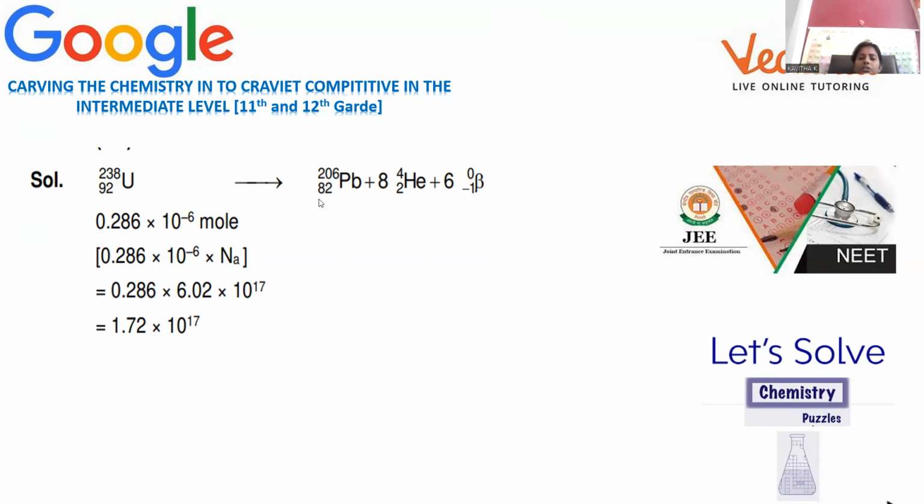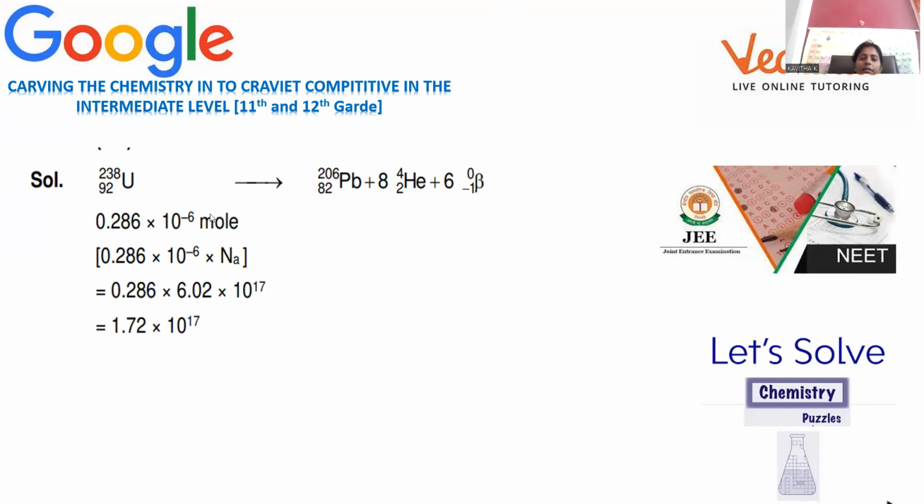In order to accomplish that, 8 helium nuclei, nothing but alpha particles, and 6 beta particles are required. Alpha particles are 8 and beta particles are 6. Then we can accomplish the entire atomic number and atomic mass difference between them.